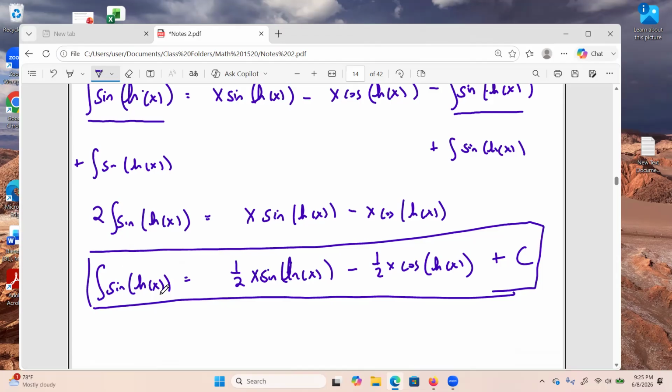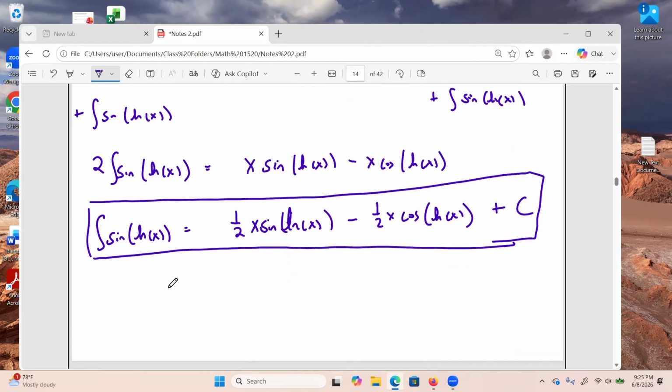There's times when I want to use it, and I'll tell you what those times are in the next problem. And there's times where I'm not sure how this is going to turn out, so I'm going to go slow. I'm just going to do integration by parts the way I like to do it normally, rather than take the shortcut. You don't have to take a shortcut. Just work it out. Everything will work out just fine. Do it the way you feel comfortable with doing it.